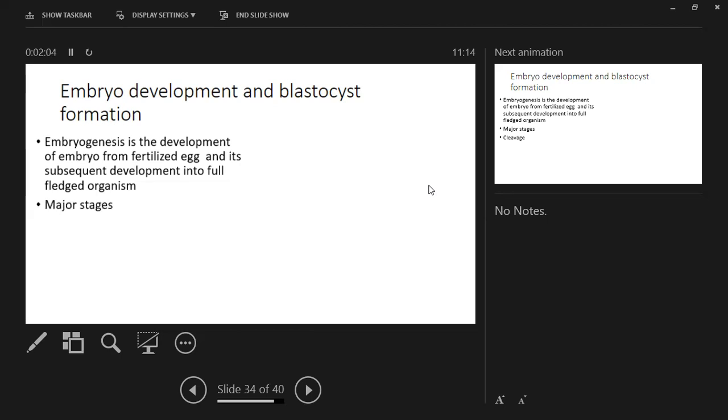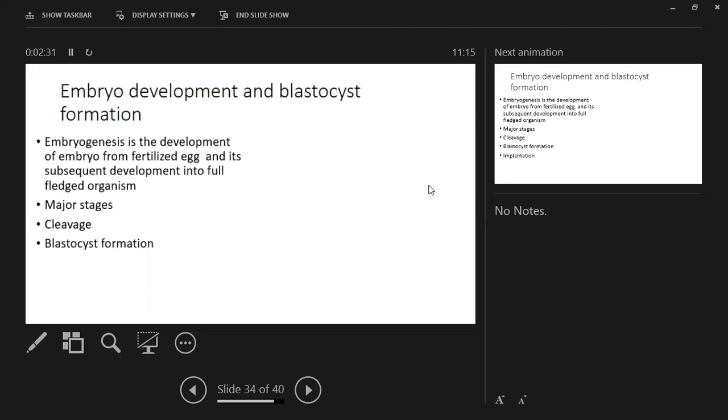Next point, the major stages. The major stages are, first, cleavage. What is cleavage? The division of the zygote. The zygote divides into 2, 2 to 4, 4 to 8. That is called cleavage. In simple terms, it is cell division of the zygote. Then there is blastula formation.